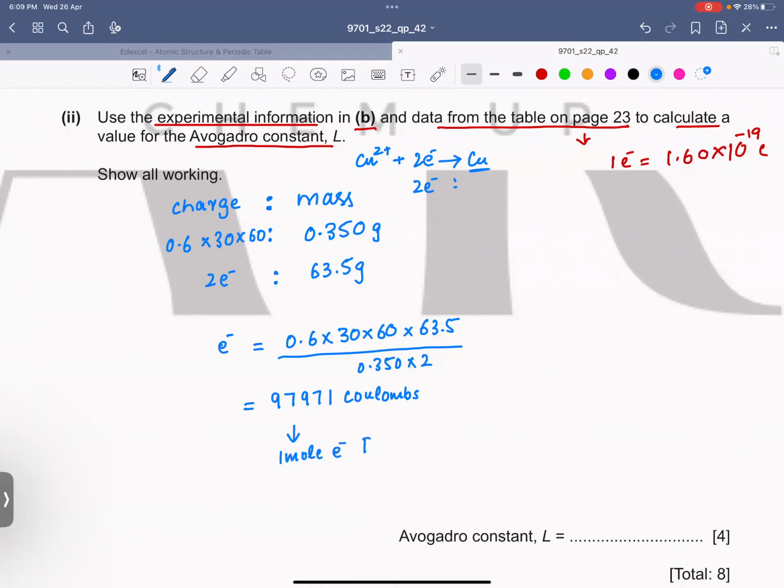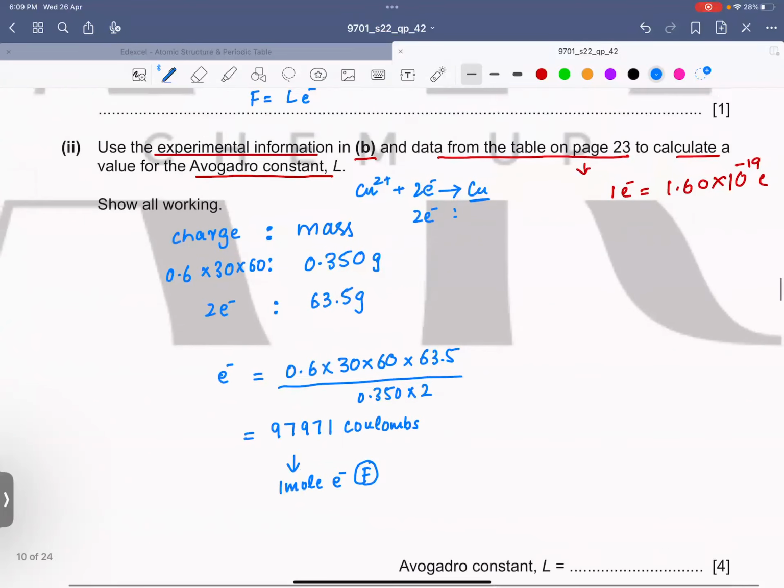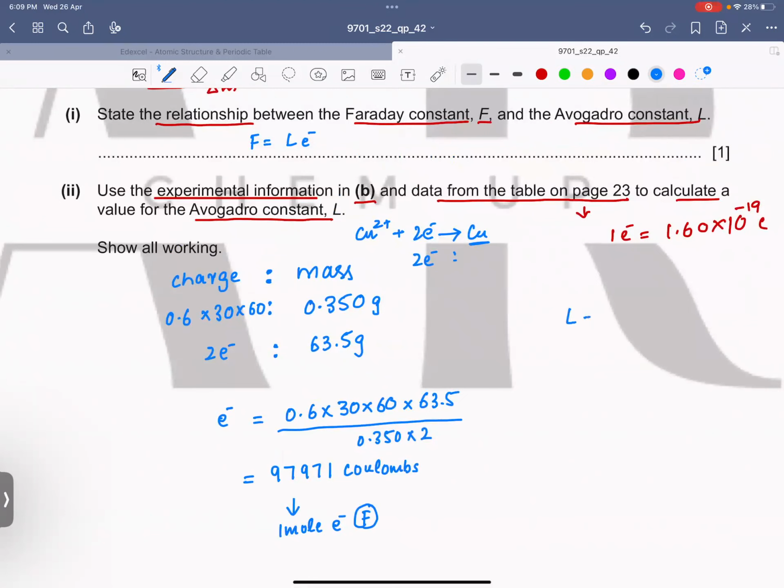So that is actually considered to be a Faraday. To find the Avogadro's constant L, it is equal to F over e, where F is 97971 divided by e, which is the charge of 1 electron, that is 1.6 exponent minus 19.